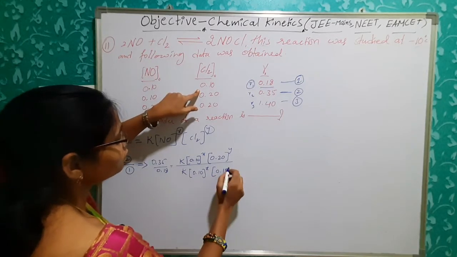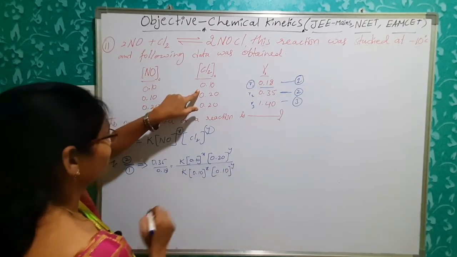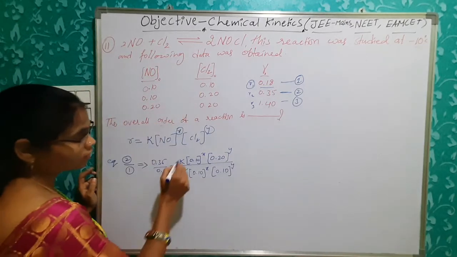You can take simply 0.1 only. So K and K cancel each other.